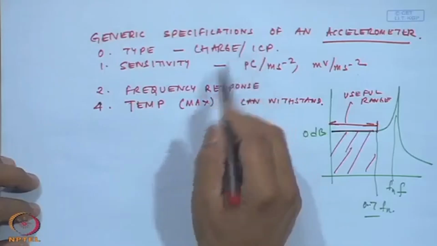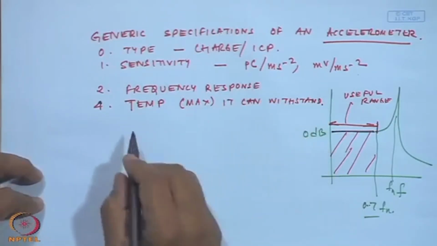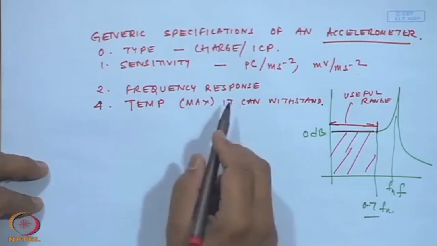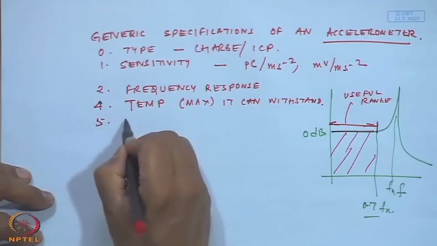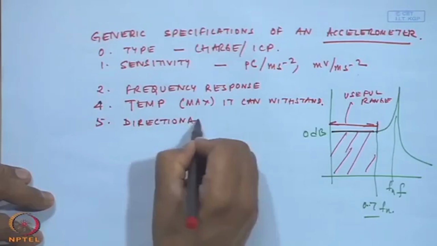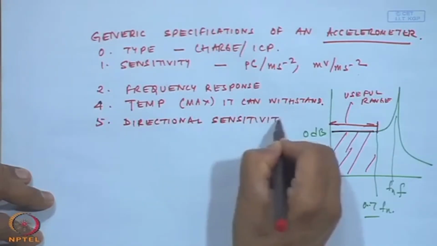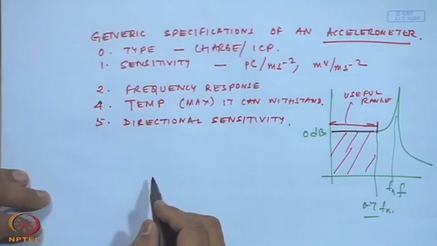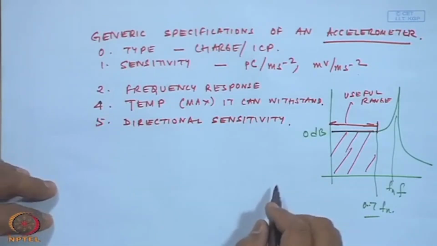You should know from the manufacturer whether the accelerometer can be subjected to such a high level of temperature. The directional sensitivity: whether the accelerometer is sensitive to which direction. So, we have to mount the transducer in the direction to which it is highly sensitive.